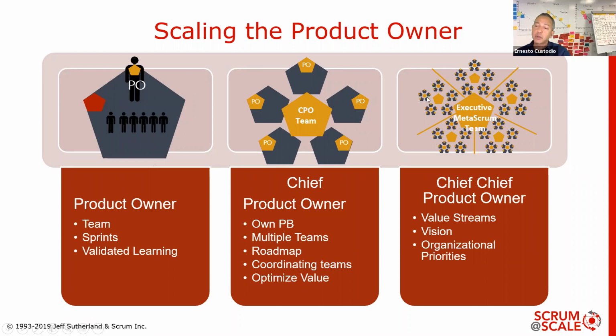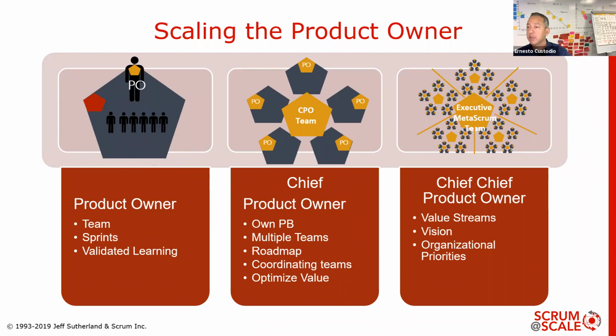And then at the third construct here, we have the executive Scrum team. The executive Scrum team is the chief product owner. It's one layer on top of this, which allows us to create that linear scaling that I talked about at the beginning.